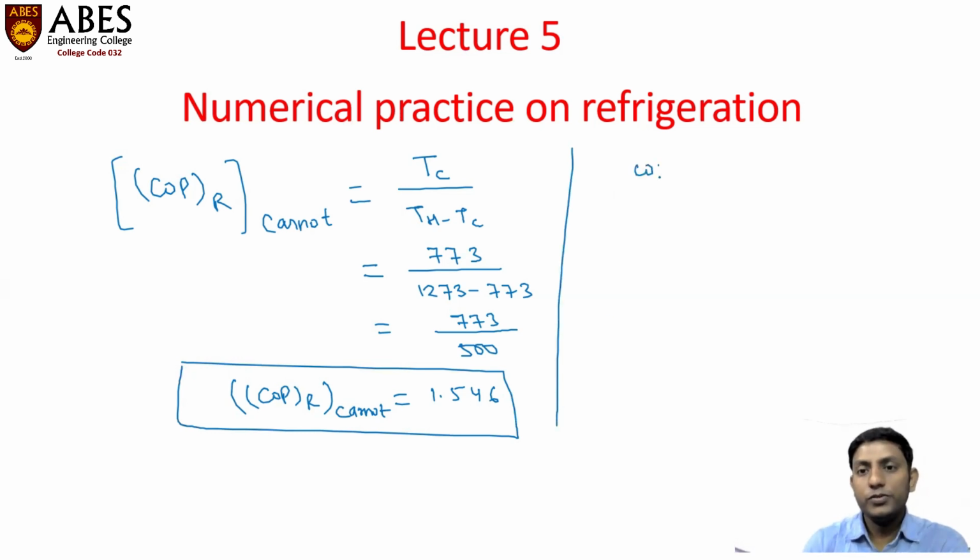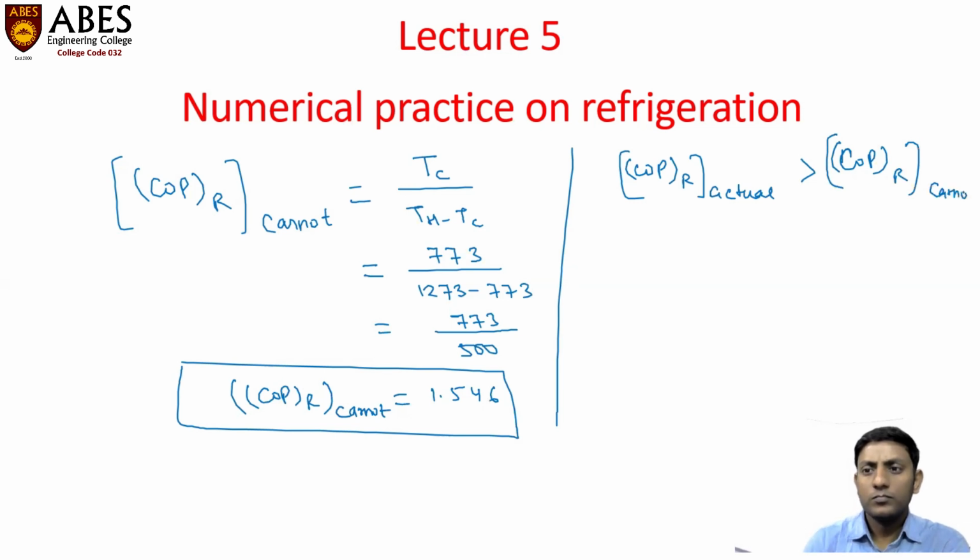So from these two things, we can compare that the actual COP is coming out to be greater than the Carnot COP of the refrigeration system, which is not possible. Why is it not possible?